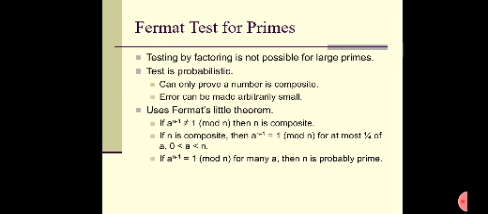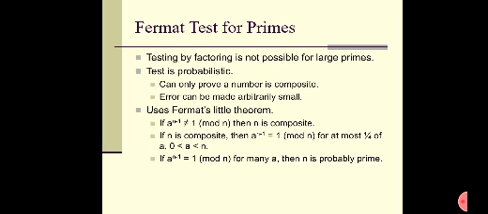Fermat's test for primes. Testing by factoring is not possible for large primes. The test is probabilistic. It can only prove a number is composite. Error can be made arbitrarily small. Use Fermat's little theorem. If a to the power n minus 1 is not equal to 1 mod n, then n is composite.